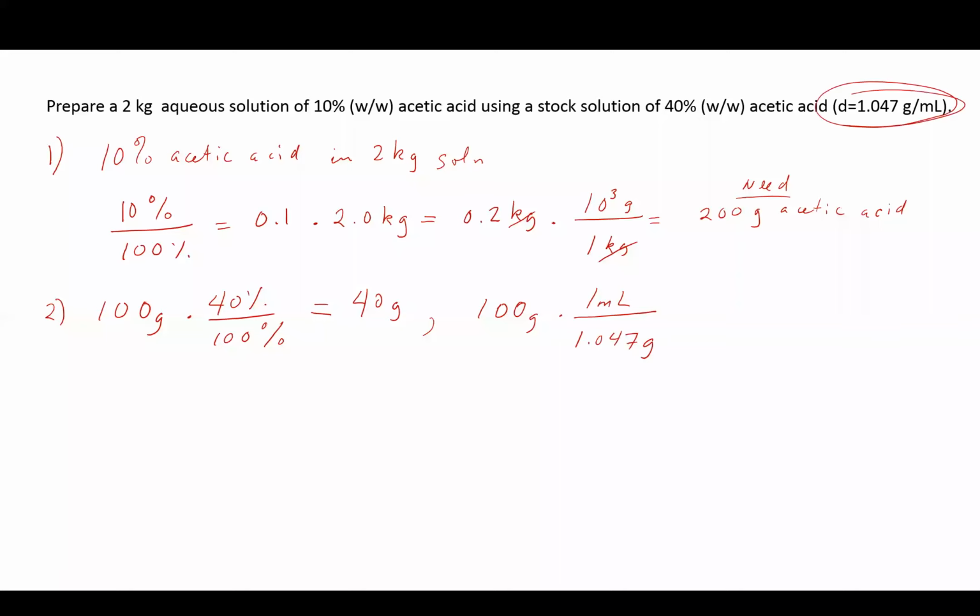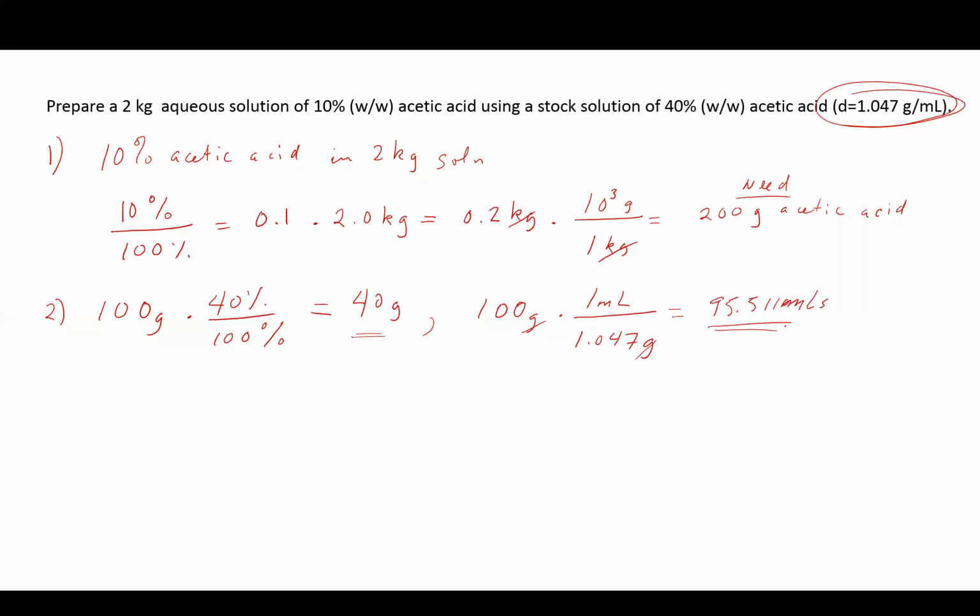Remember, we've got our density up here, 1.047 grams per mil. Well, we're going to use it as a conversion factor, and we need the grams on the bottom. We take 100, divide by this, and wind up with 95.511 mils of solution. This is the volume of 100 grams, and this is the mass of acetic acid in 100 grams.